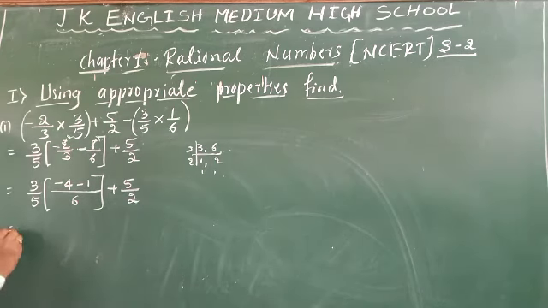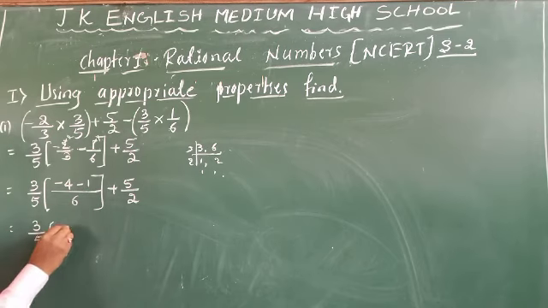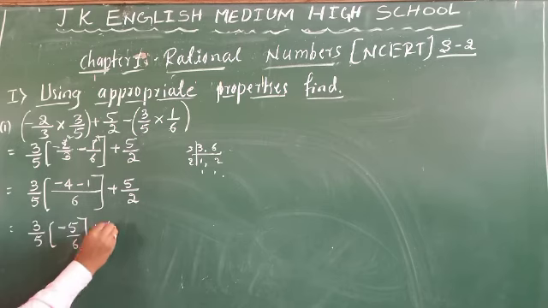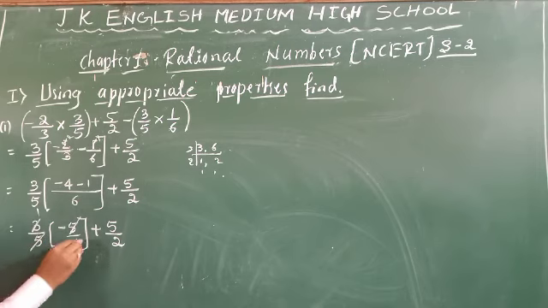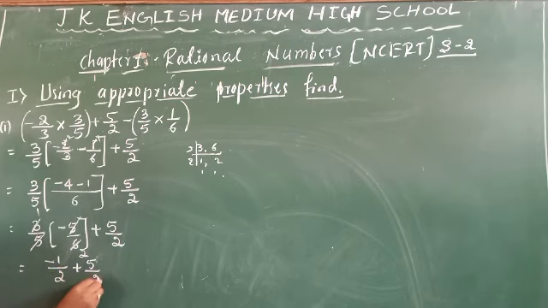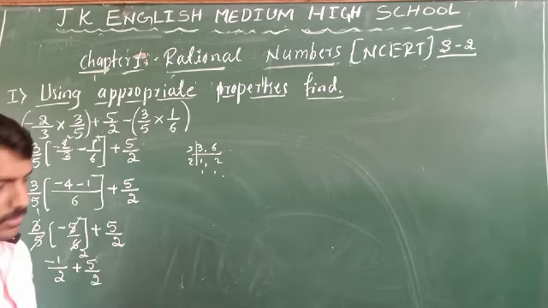Clear? Okay. 3 by 5 into minus 5 by 6 plus 5 by 2, right? So 5 and 5 cancel, 3 1s are, 3 2s are. So above minus 1 divided by 2 plus 5 divided by 2. I will solve here.